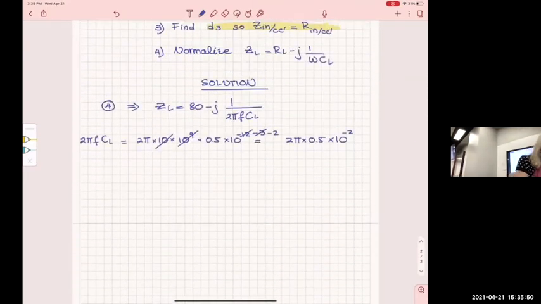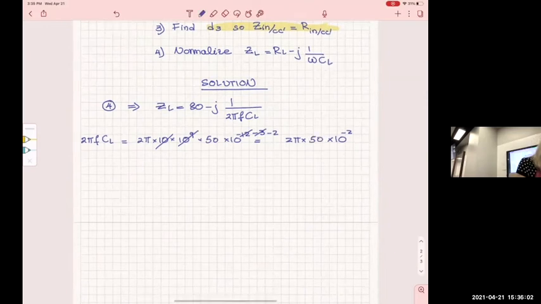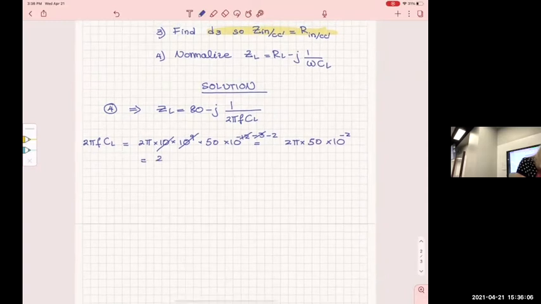With 50 here, 2 pi times 0.5 is still very small. So most probably let's put 500. See how I make problems now. 500 to make it big.